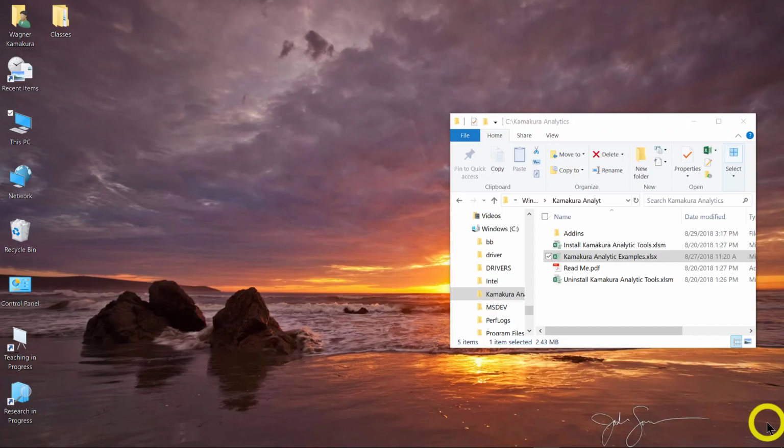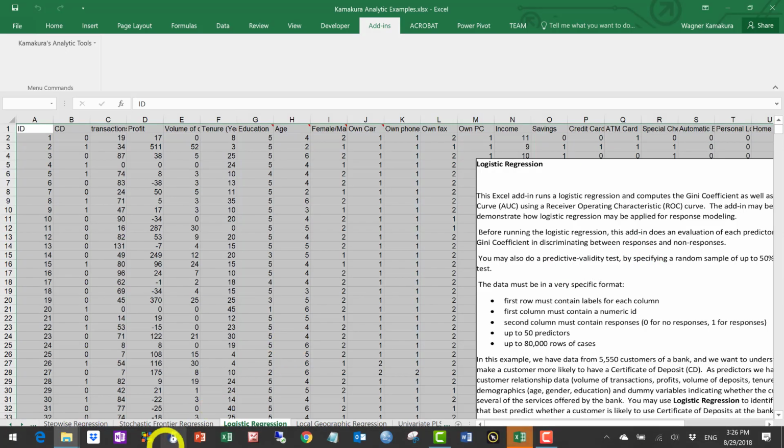Now let's see how you run a logistic regression using my analytic tools. For this, let's open my examples. There you're going to find a tab with an example data sample for logistic regression. Running a logistic regression with my tools is fairly simple as long as the data is in the right format.